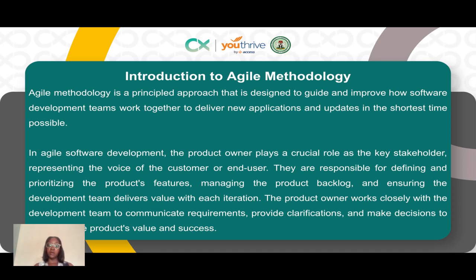The product owner works closely with the development team to communicate requirements, provide clarifications, and make decisions to maximize product value. So this should sound familiar because we've talked about the core responsibilities of a product manager.